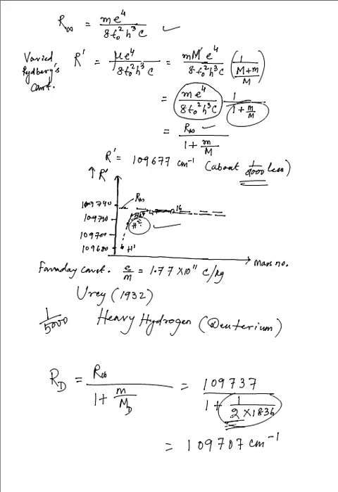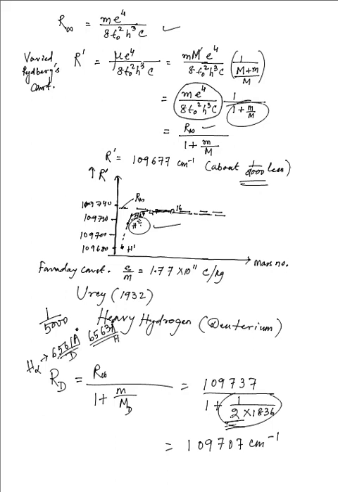So the H alpha line of deuterium is about 6561 angstrom, while that of hydrogen is simply 6563 angstrom. This is for hydrogen, this is for deuterium.